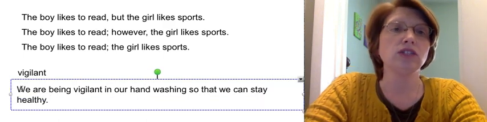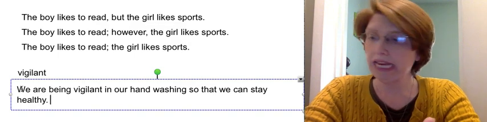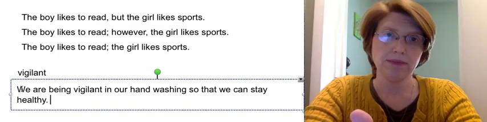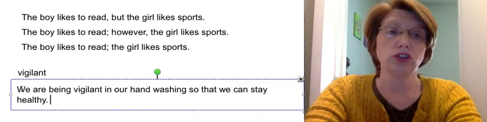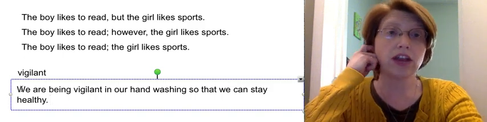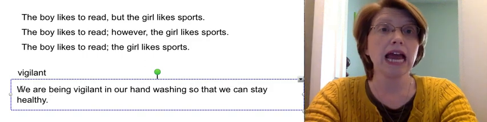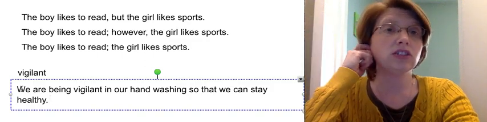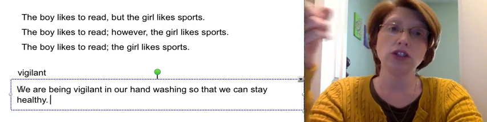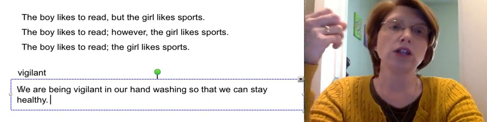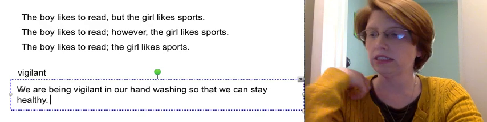What is something else that you would need to be vigilant in if you're going to be watchful about something? Soldiers are vigilant. They're watchful. They don't want to be attacked in any way. Presidents should be vigilant in watching the economy, watching how things are happening, watching how they're dealing with other nations.